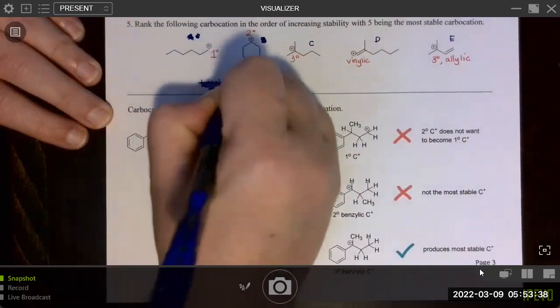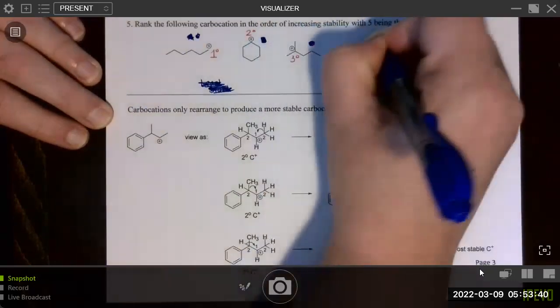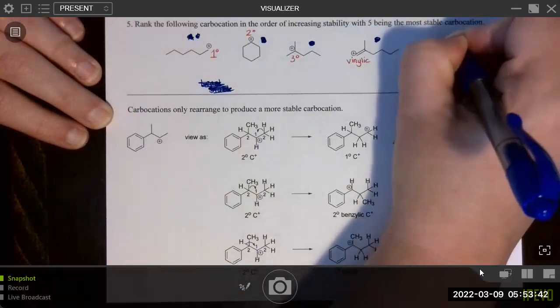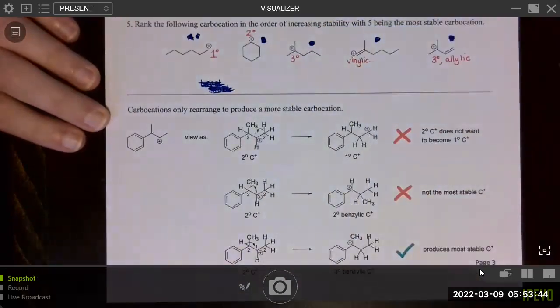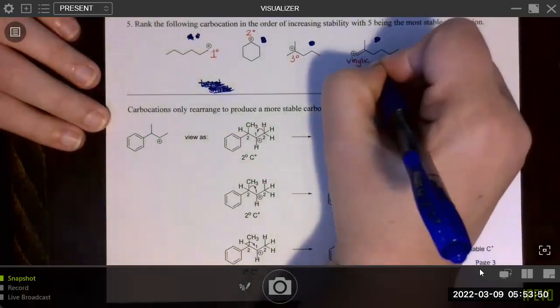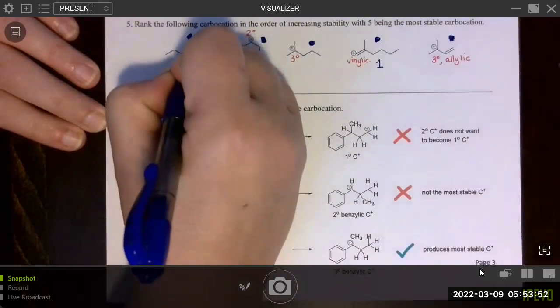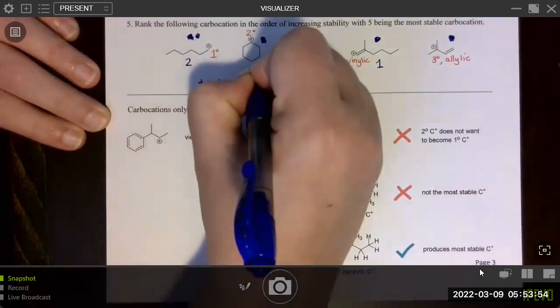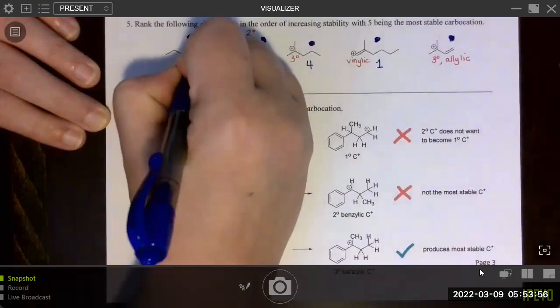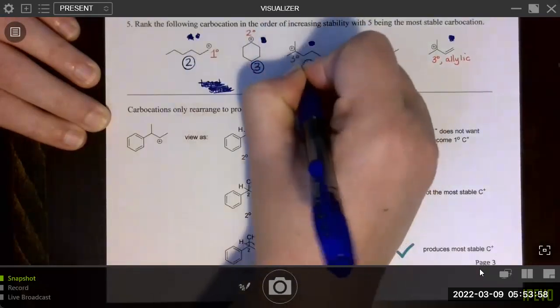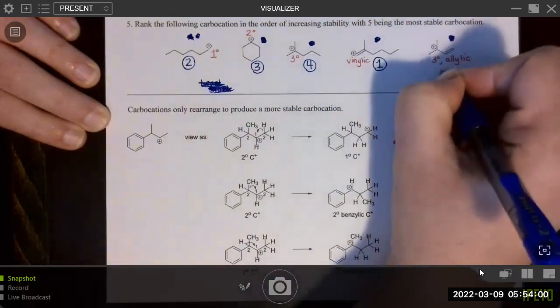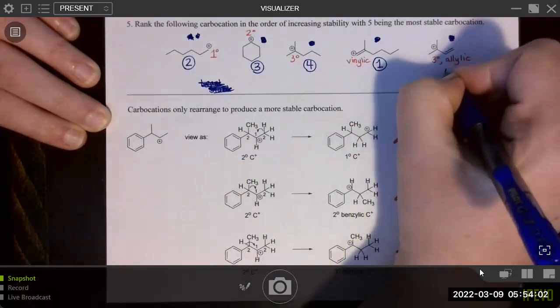I have to change it based on the way the question is asked. I actually do need to go in and just write 1, 2, 3, 4, 5, but not randomly. To start with the least stable and then move up to the most stable. So the least stable is definitely vinylic, followed by primary, secondary, and tertiary, and then tertiary and allylic being the most stable.